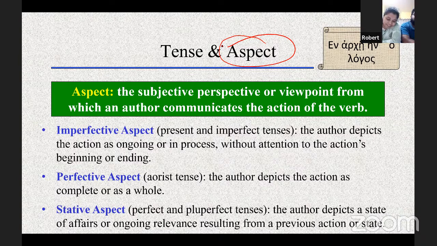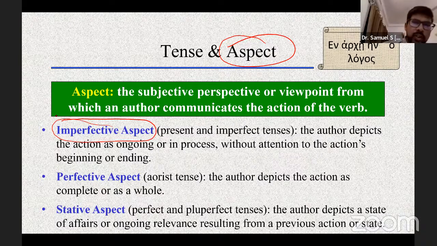Anna, is Jesus is coming soon also one of these imperfective aspect where his coming is unfolded, or like... So that's a great question.